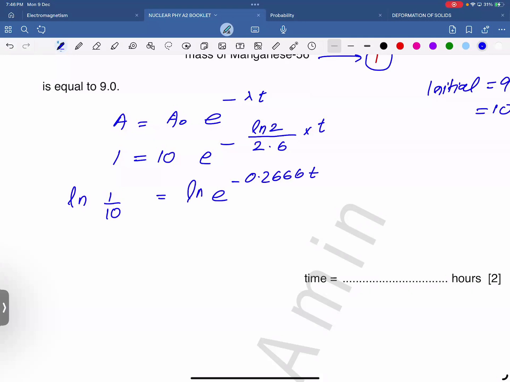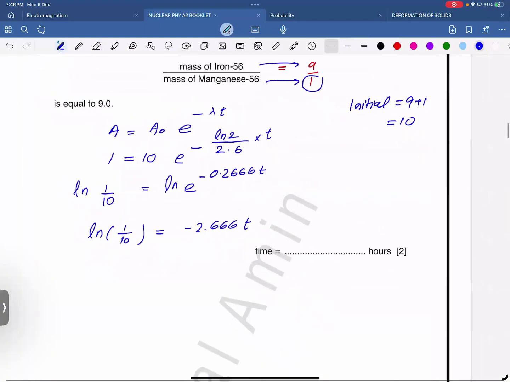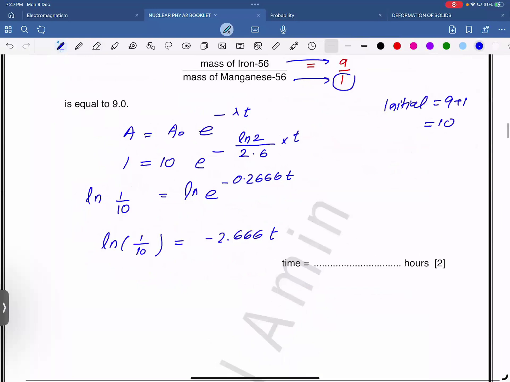So it is ln 10 equals 2.6 times T. You can get the answer: 8.6 hours it will take for the ratio to be 9.